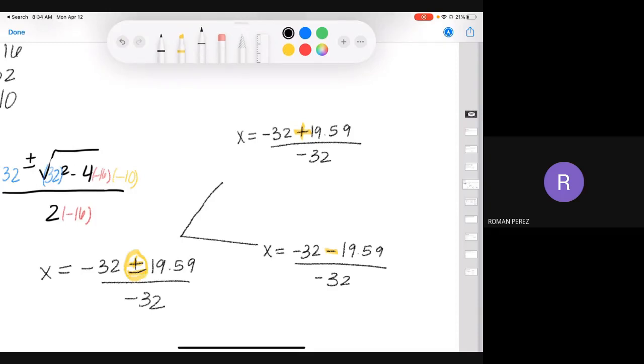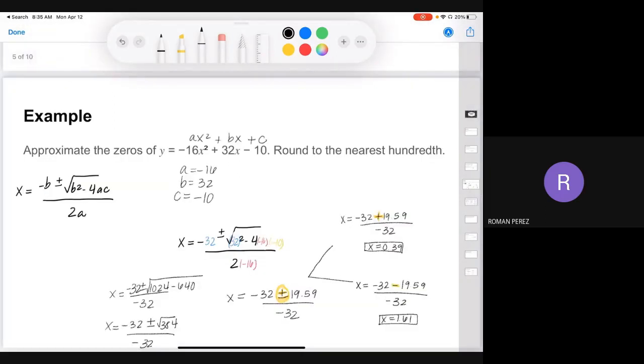And so when I solve for that, this x will be equal to 0.39, and this x will be 1.61. Right? And so using the quadratic equation, I was able to solve for my two x's like we did on Friday. But in this instance, I'm able to use the quadratic formula to make it an easier process to solve.